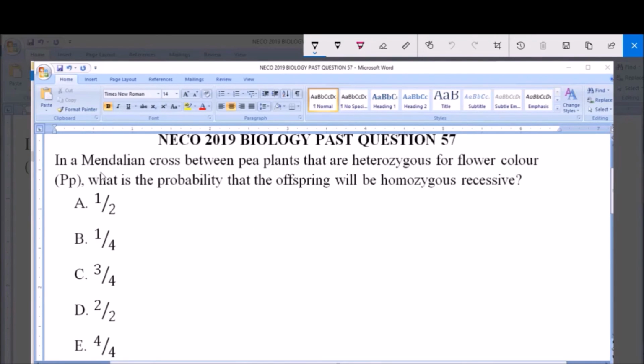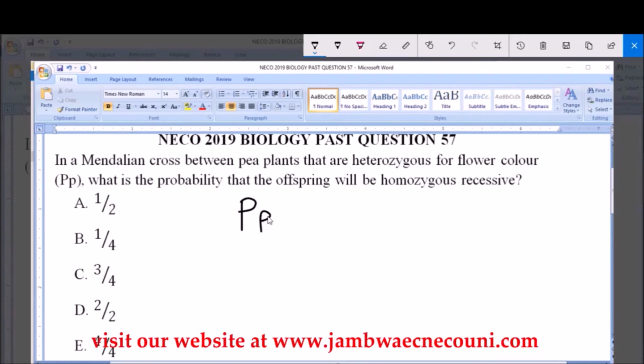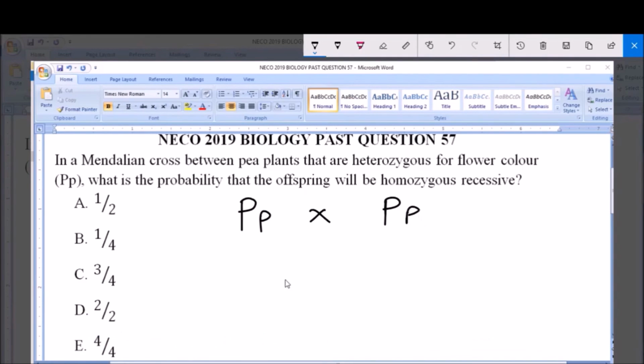Now, a Mendelian cross between pea plants that are heterozygous for flower color, Pp. So we have the first heterozygous plant crossed with the second heterozygous plant. By crossing these plants, for the first filial generation we'll have this.